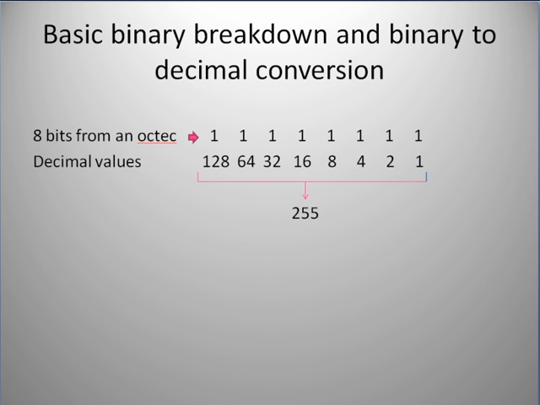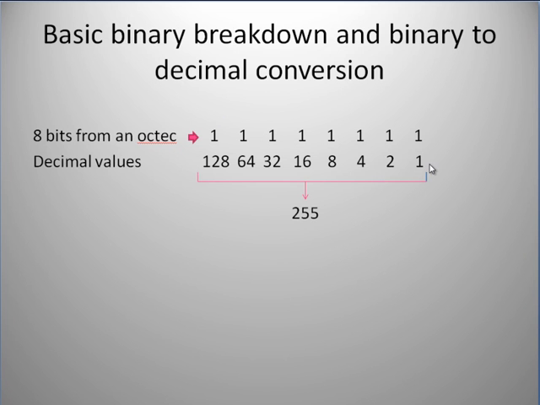Now, when we take a look at basic binary to decimal conversion, again, each octet in an IPv4 address has 8 total bits in it. Right? So 4 octets, again, 8 bits apiece, gives me 32 bits total. Now if I take a look at the 8 bits, 1, 2, 3, 4, 5, 6, 7, 8, the 8 bits in an individual octet, and these would be sitting here as all ones, we'll say, in terms of binary format.